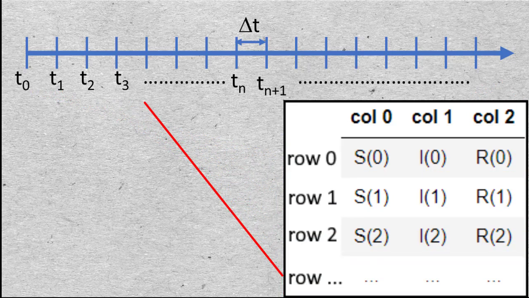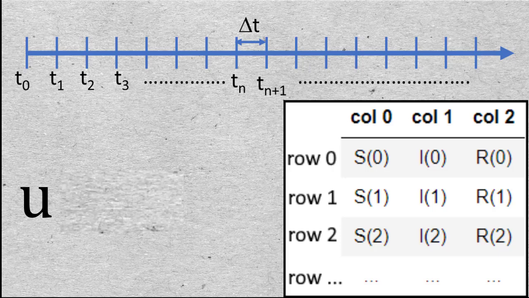We'll call this array U. We can address any cell in the array by its row number and column number. These are its indices. Both row and column indices start their numbering at 0.